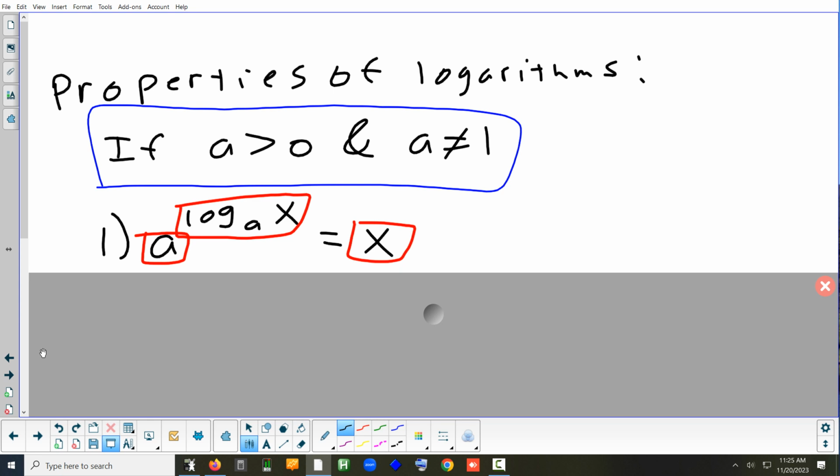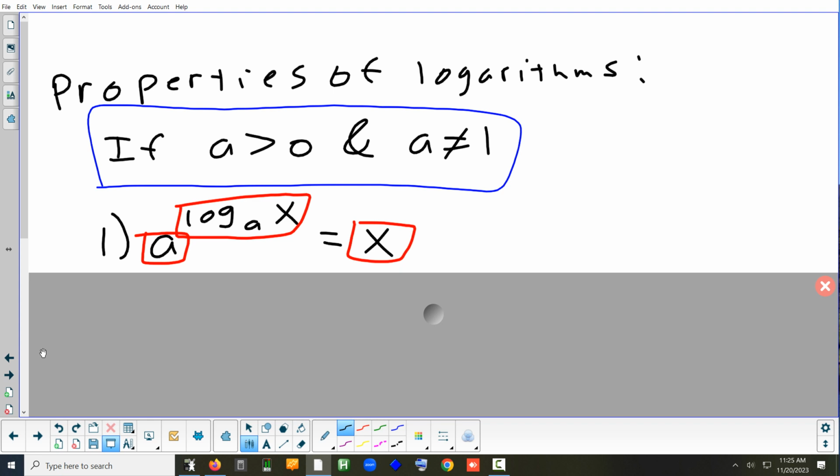Now, just focusing on the red boxes, is this a log equation or exponential? What format? Yeah. This looks more like an exponential. That is an exponential. You have a base, you have a power, and you have something on the other side. To be a log equation, it has to have the word log, but not in an exponent. Okay, so that's exponential.